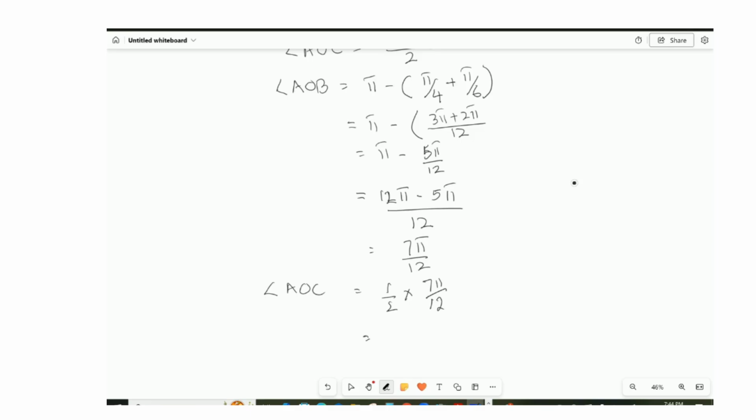So this is equal to 7 pi divided by 24. So therefore angle AOC is equal to 7 pi divided by 24.